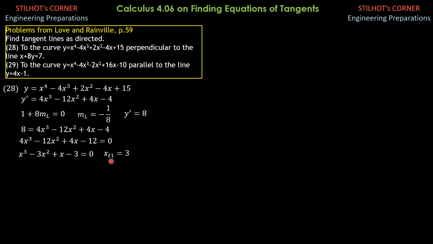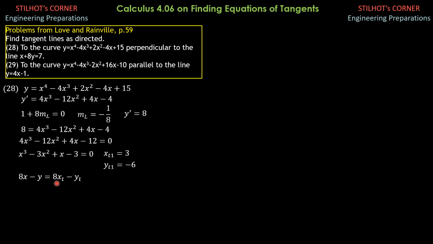So when the real root x_t1 is 3, substitute here to find y_t1 using your calculator: 3 to the fourth minus 4 times 3 cubed plus 2 times 3 squared minus 4 times 3 plus 15 is negative 6. The expected equation of the tangent, if the slope is 8, would be in the form 8x minus y equals 8x_t minus y_t.